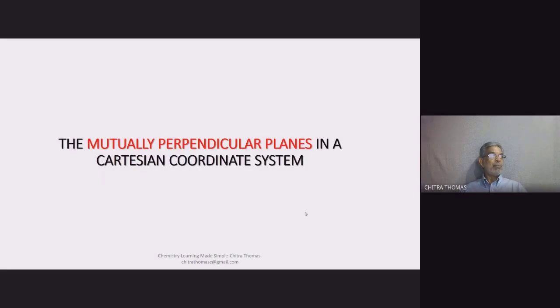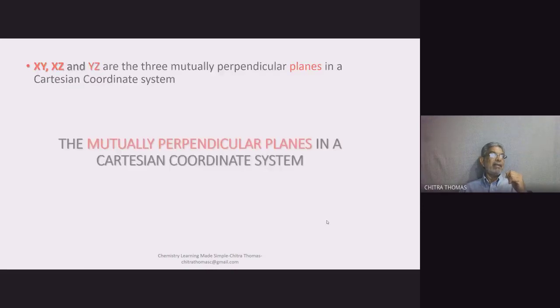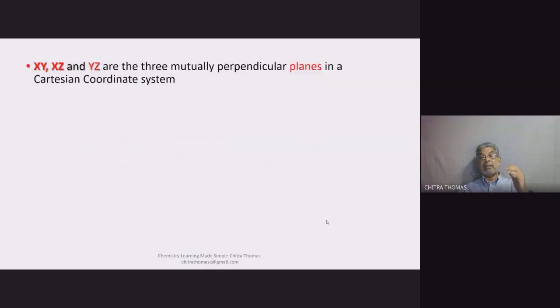Now, the mutually perpendicular planes in a Cartesian coordinate system. See, again, a Cartesian coordinate is a line, so this is one dimensional. So it will be represented by a single letter: X coordinate, Y coordinate, and Z coordinate.